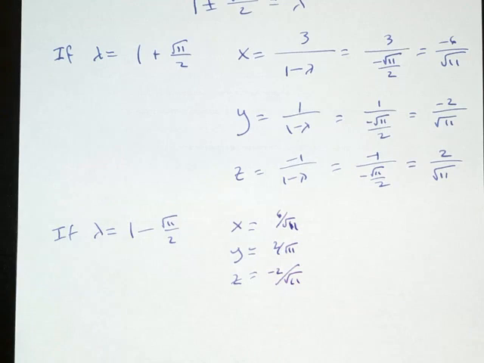One of those is the closest point. One of those is the furthest point. Furthest or closest to what? 3, 1, negative 1. X is positive, Y is positive, Z is negative. This one's close. This one's far away. Notice it's exactly on the other side from the same sphere.